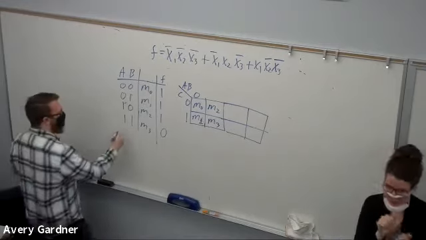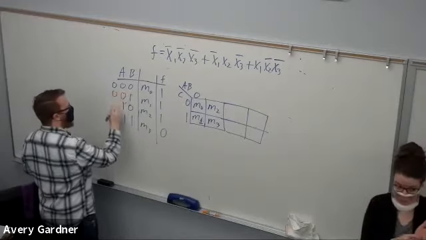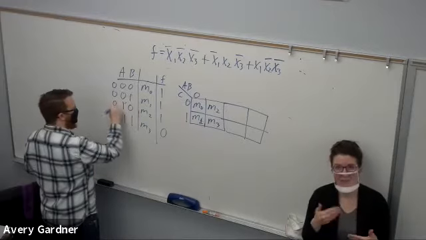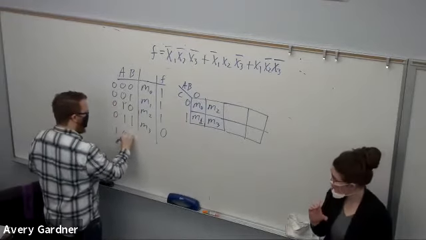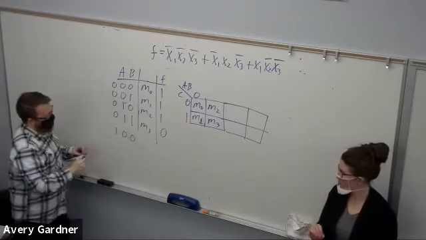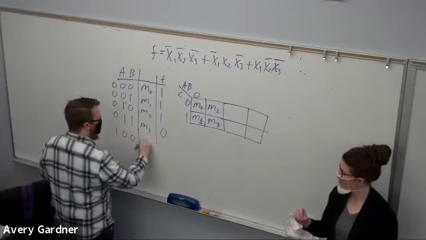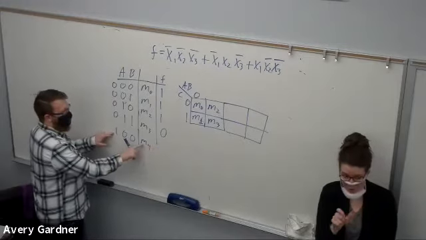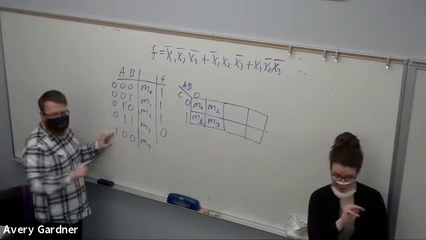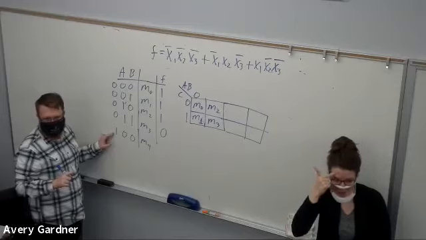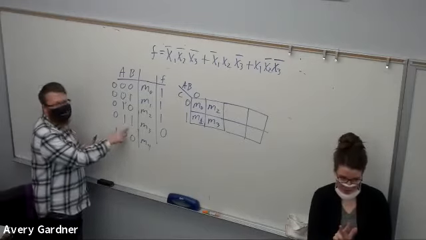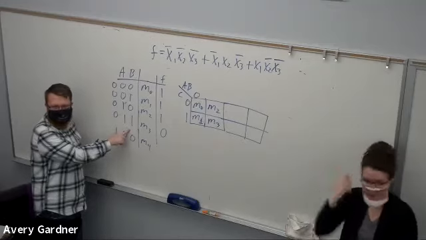Because what you'll notice is that minterm 4 is not logically adjacent to minterm 3. And this is a problem. The reason is because I'm changing two of these variables at the same time.